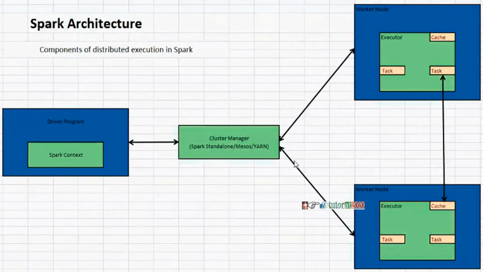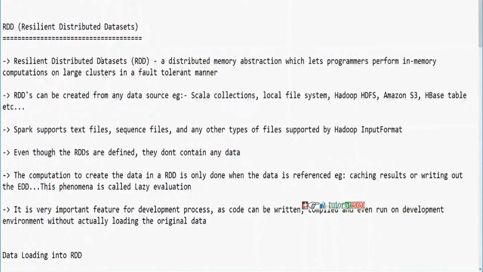Like store the data in a distributed fashion and process the data in a distributed fashion using a structure or abstraction called RDDs, or resilient distributed datasets, right? RDDs you can think of as a distributed memory abstraction, which lets programmers perform in-memory computations on large clusters in a fault-tolerant manner, right?